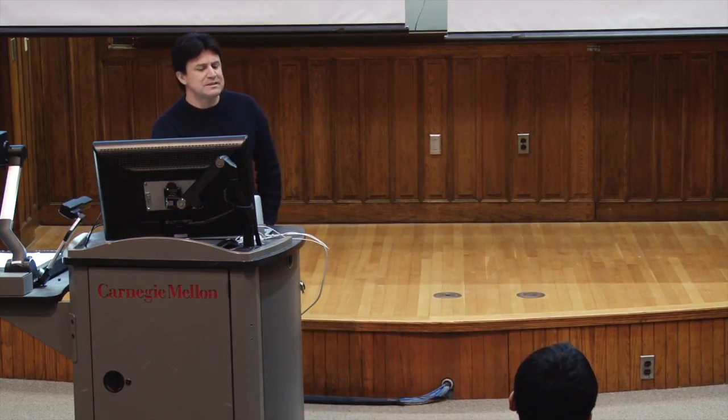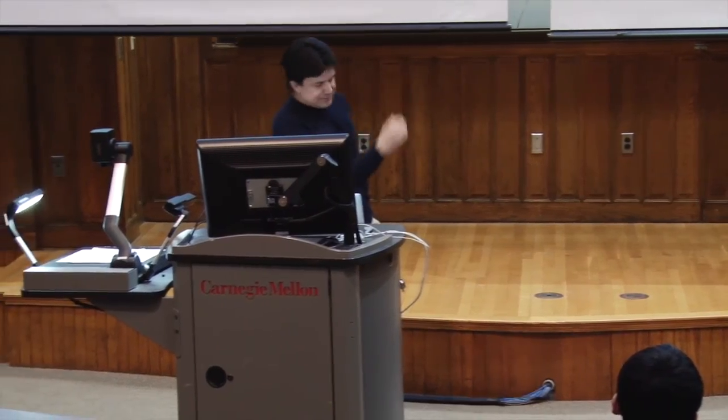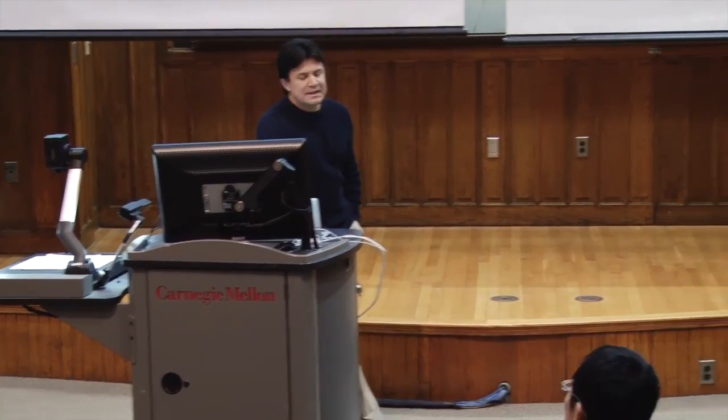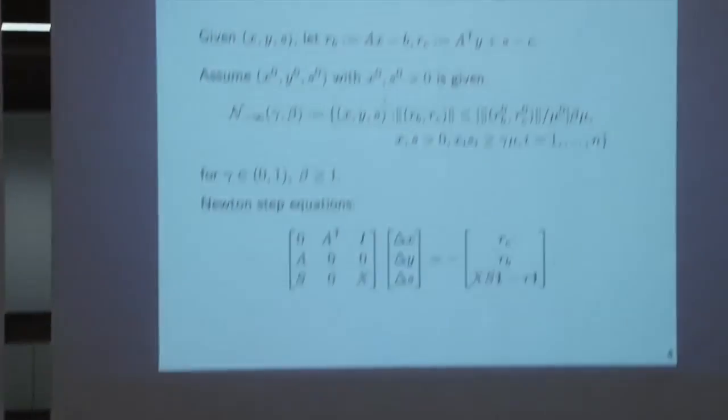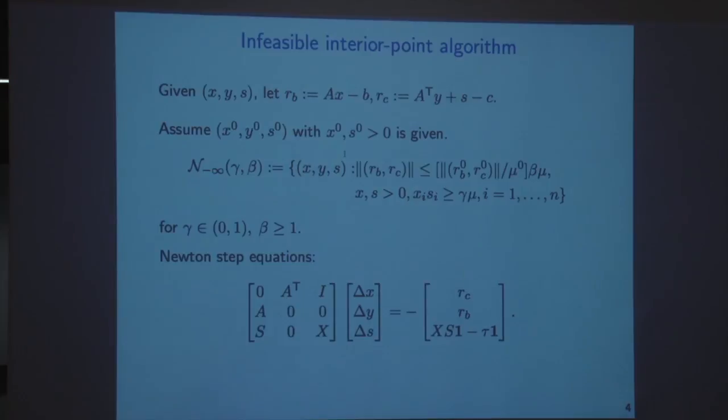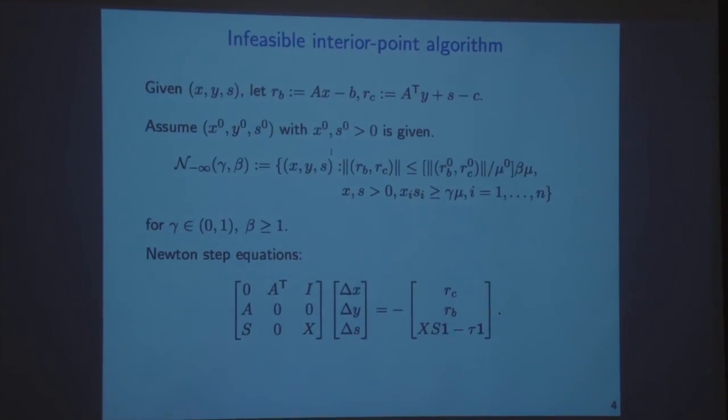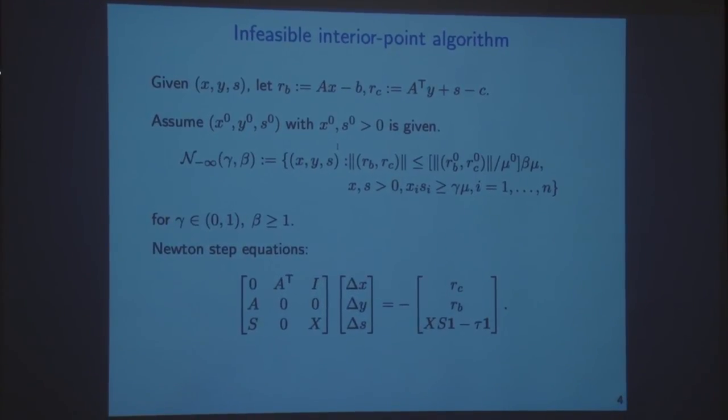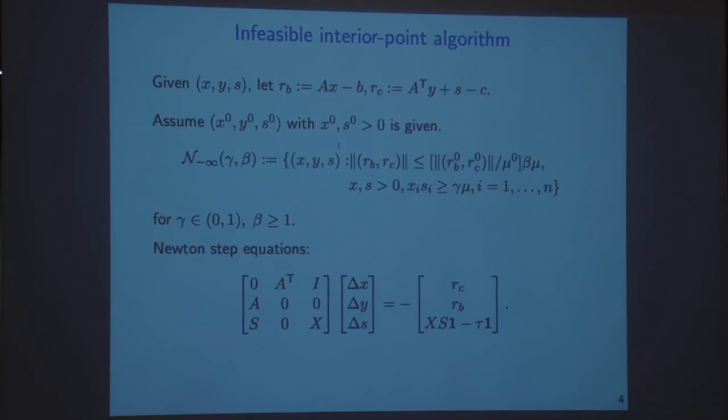Then there was also this business of a long step method that has a similar kind of behavior. And then the very last thing that we did last time was an infeasible interior point method. Infeasible means that we do not necessarily satisfy the first two conditions here.